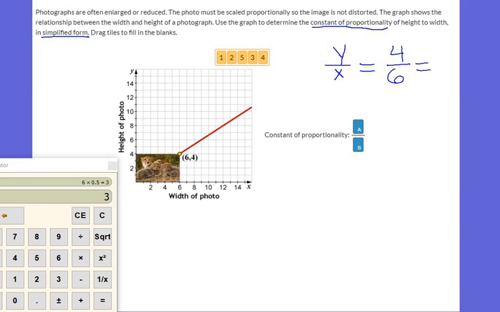So I need to reduce that. I can divide both of those by 2, and I get 2/3. Then I see, can it be reduced anymore? And it cannot. So 2/3 is my constant of proportionality. Y over x is what you have to remember there. They give this as x comma y. So I need to put it in proper form to be able to simplify.